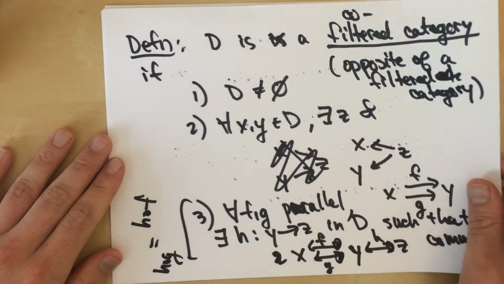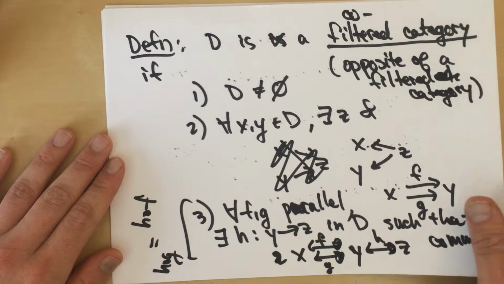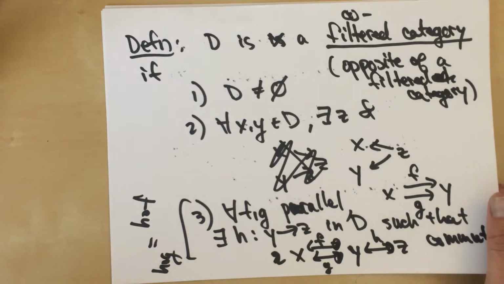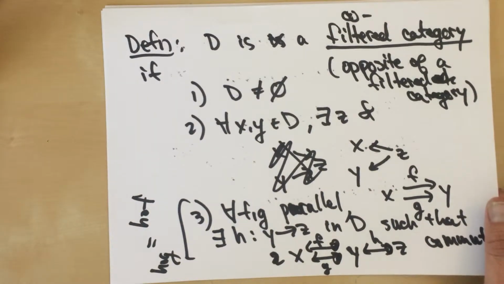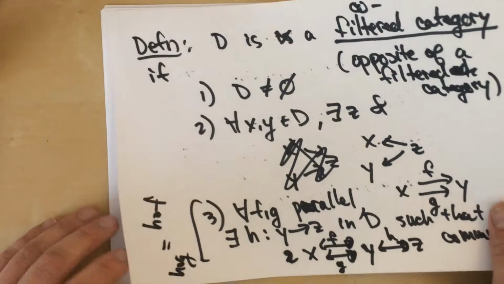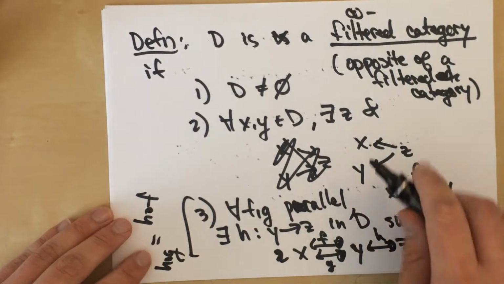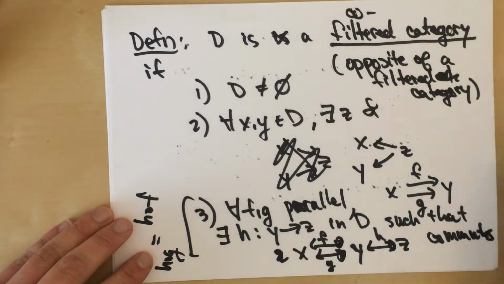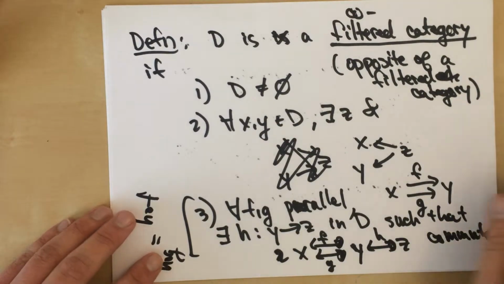It's kind of confusing; I guess it's kind of opposite to what you think. So co-filtered things are where you're going to do projective limits. They're kind of the inverse systems, so you can go backwards. Whereas this is saying that you can go up and up and up.